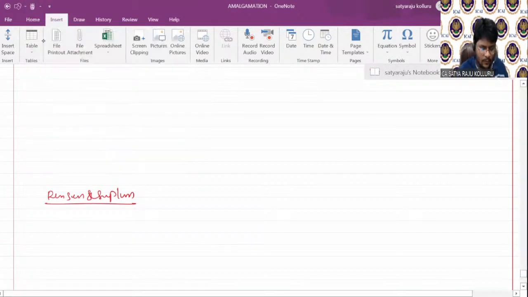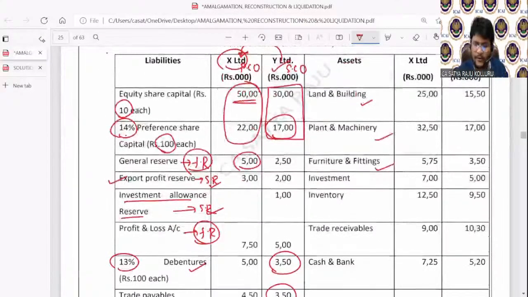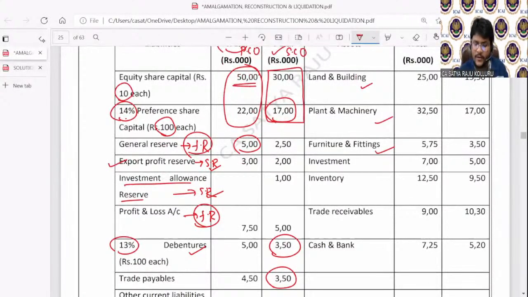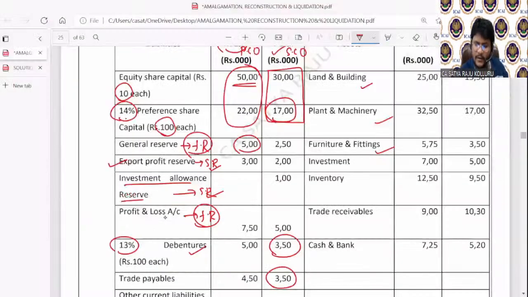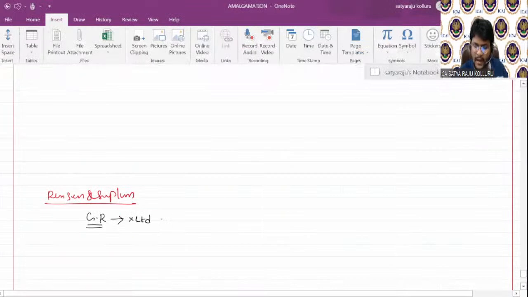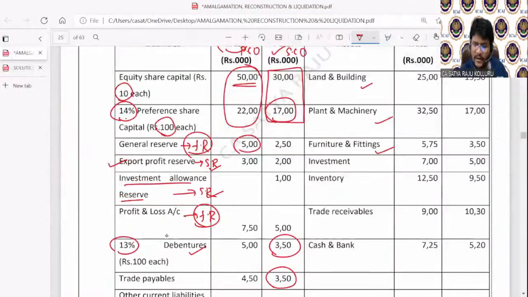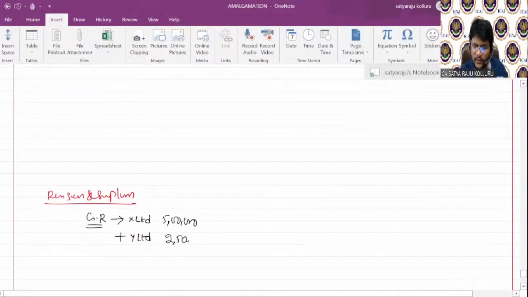Now, all of you, please let me know one by one reserve. So first general reserve is there, right? So general reserve of X Limited, how much? Existing X Limited is 5 lakhs. Add Y Limited general reserve. How much is Y Limited general reserve? 2,50,000.